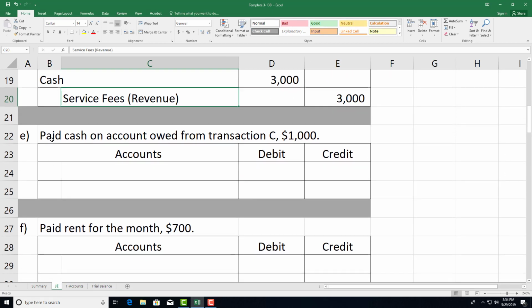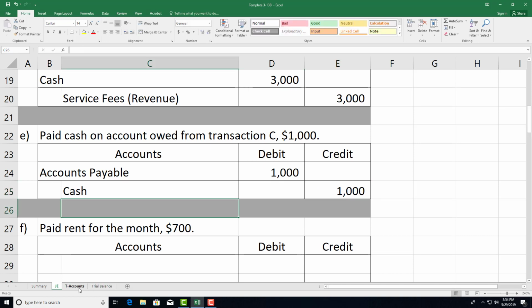Transaction E, paid cash on account. Owed from transaction C, $1,000. So we are paying accounts payable. So debit accounts payable, credit cash.